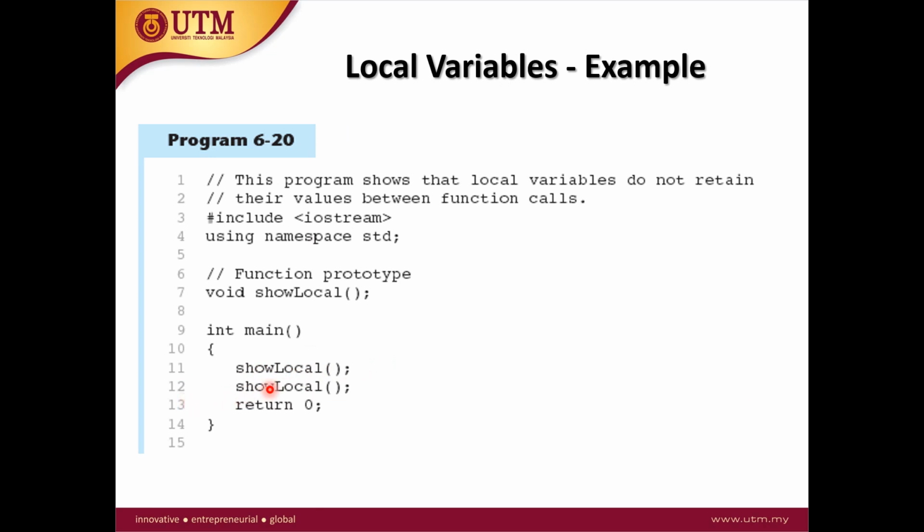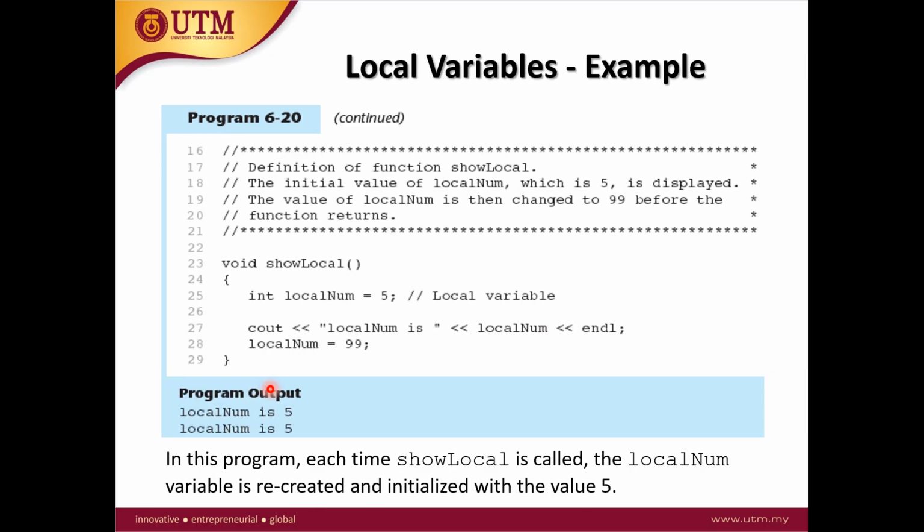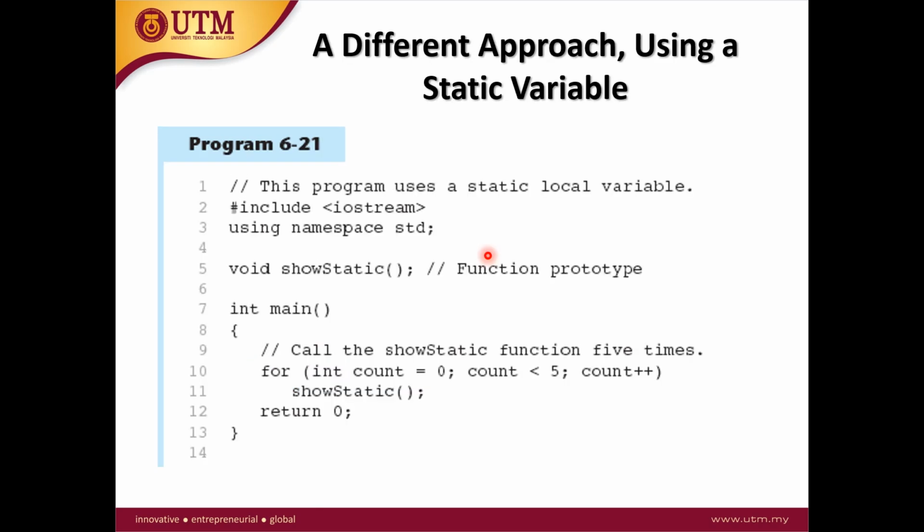Then we call that function again. It goes back to that function and starts initializing local num again to 5, and 5 again is printed. We update to 99, but whenever we go outside this function, any value inside the local variable is lost.